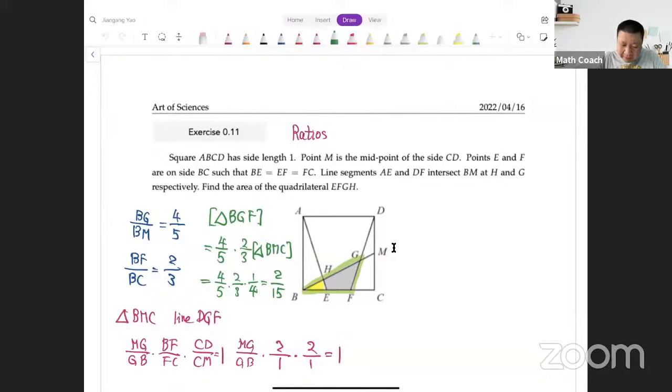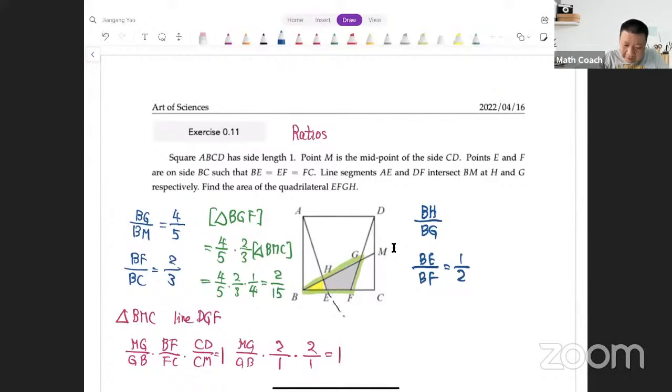And now next, we need to deduct that bit. So what we need to do is get the ratio of BH versus BG. And we also need to know BE over BF. BE over BF, that's simple, that is a half. So how about BH over BG? My idea is we do the extension.